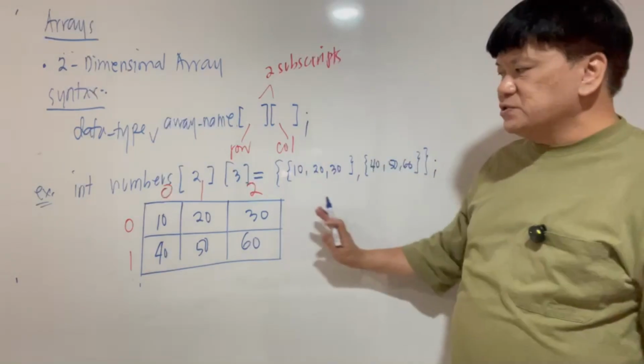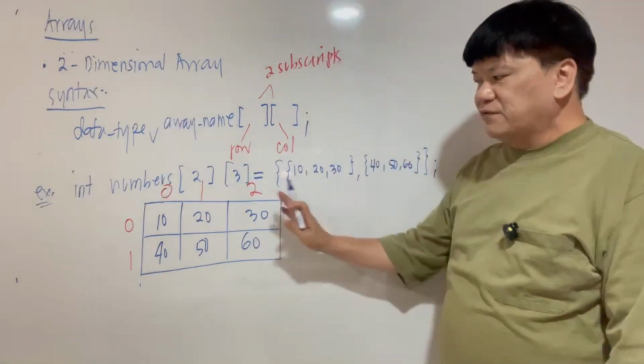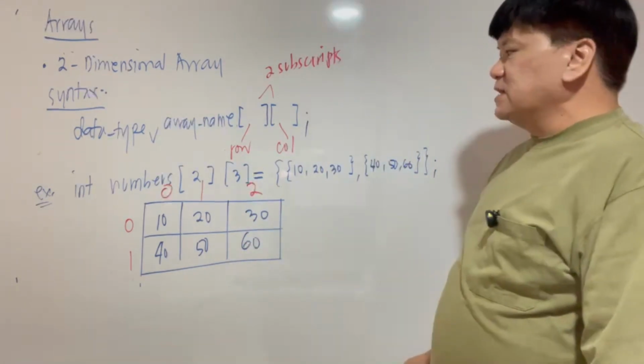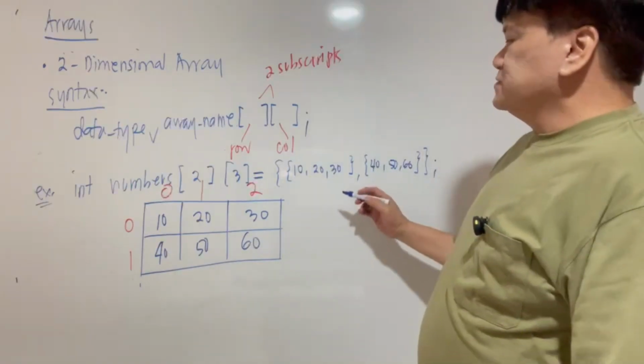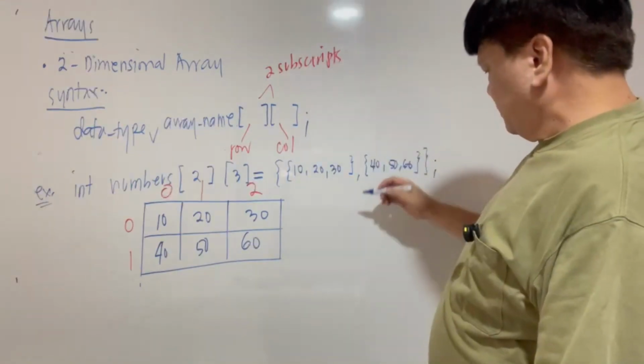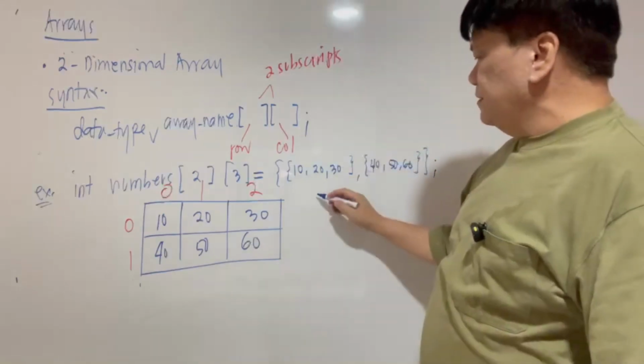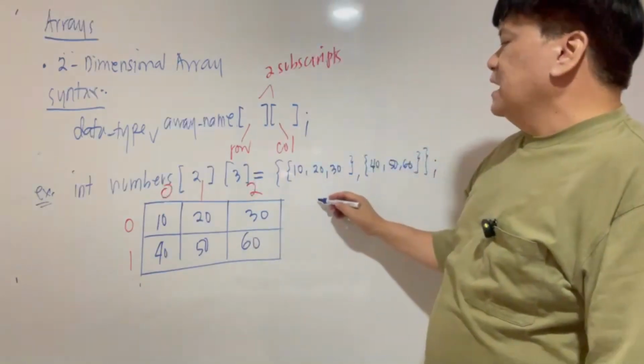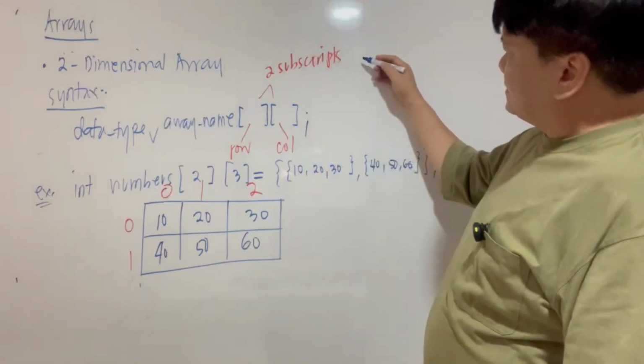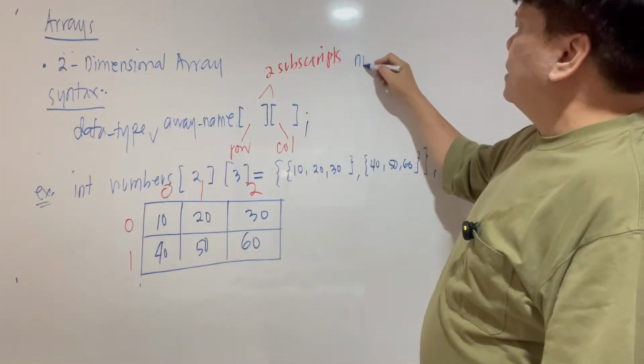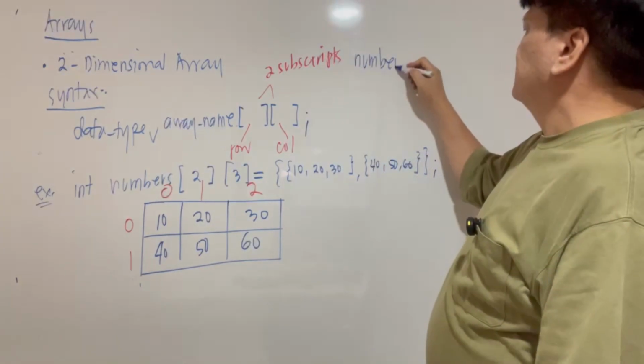Now, how are you going to access or traverse the elements inside the two-dimensional array? The name of the array is numbers.